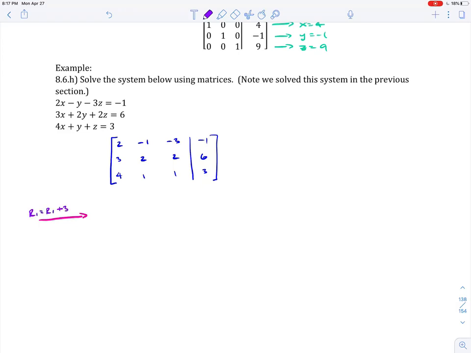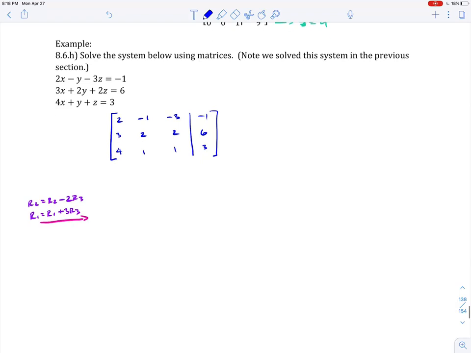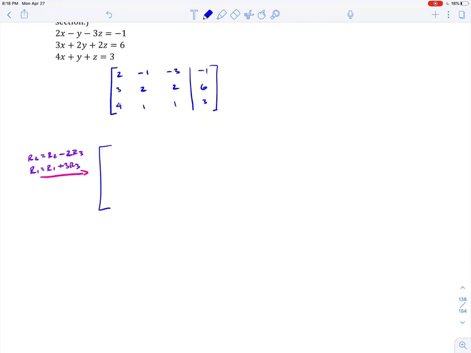So I'm going to replace row 1 with whatever I get when I take row 1 and add 3 row 3s, because if I take this and add 3 of those, I get a 0, and I kind of want a 0 right there. I'm also going to take row 2 and replace it with row 2 minus 2 row 3s, because if I take this value and subtract 2 of those, then I get a 0, which is exactly what I want right there. Woo!